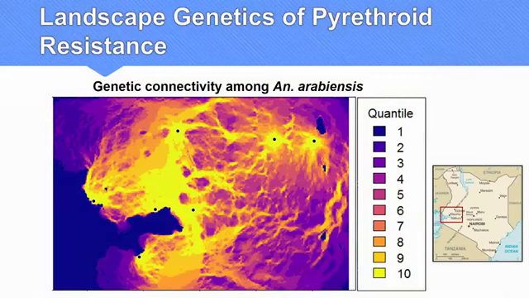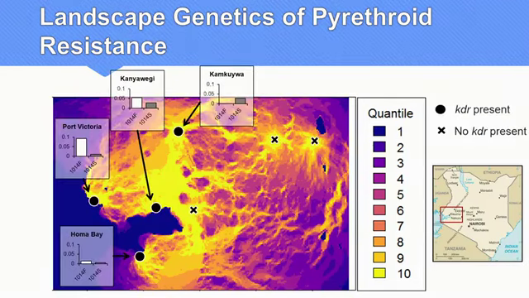Okay, and these are the last results I'm going to present today. It's a map of genetic connectivity among our study sites based on our top landscape resistance model, where the yellow color indicates higher potential gene flow between study sites. And overlaying the map are the results of the KDR survey, where an X on the site indicates that KDR was detected at the site.